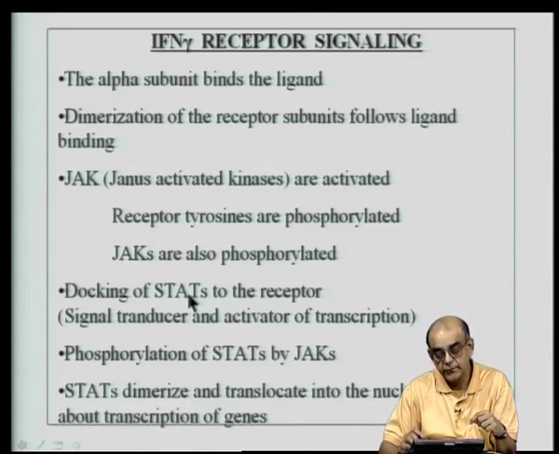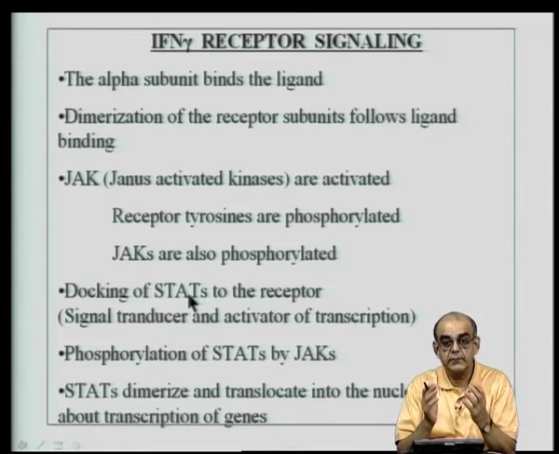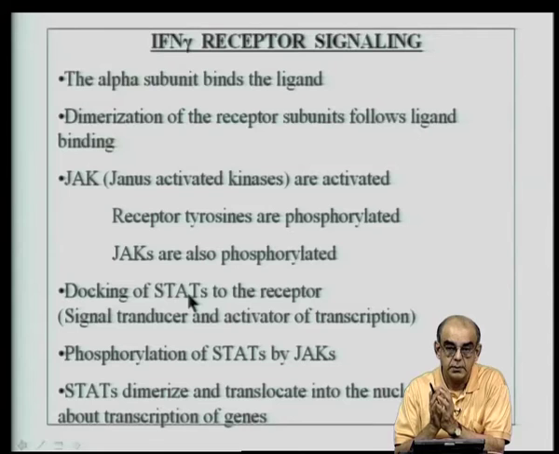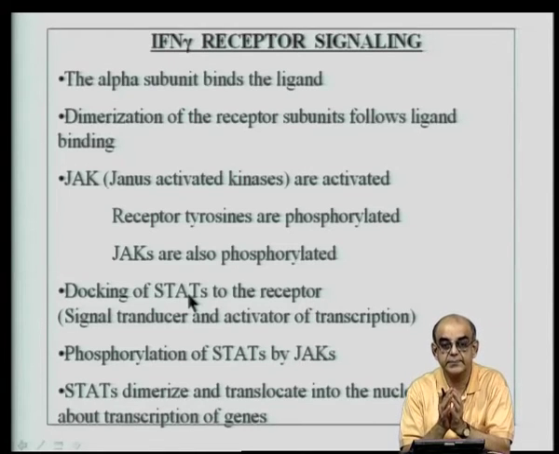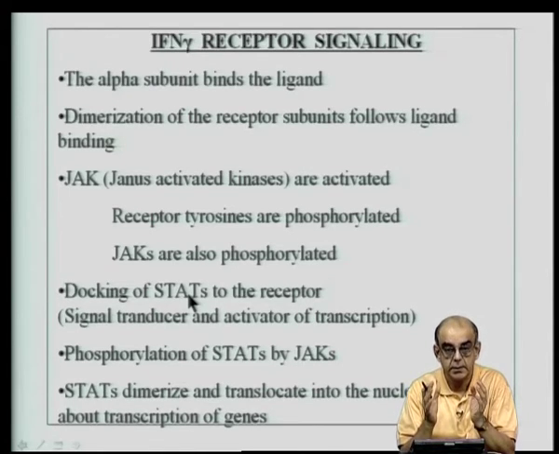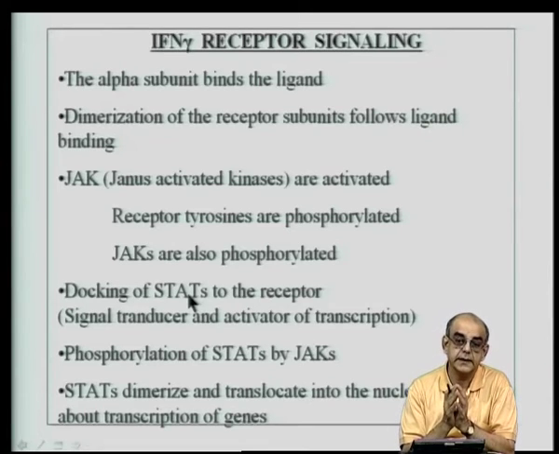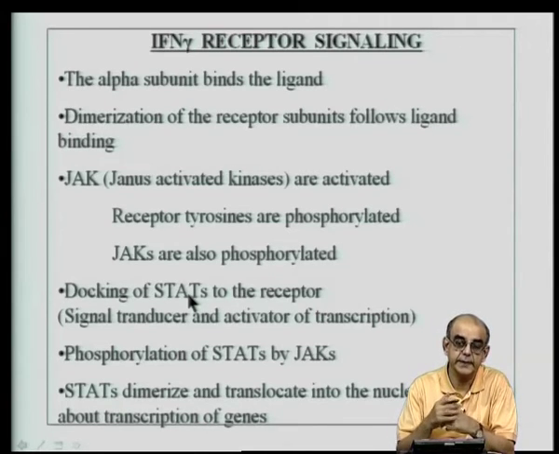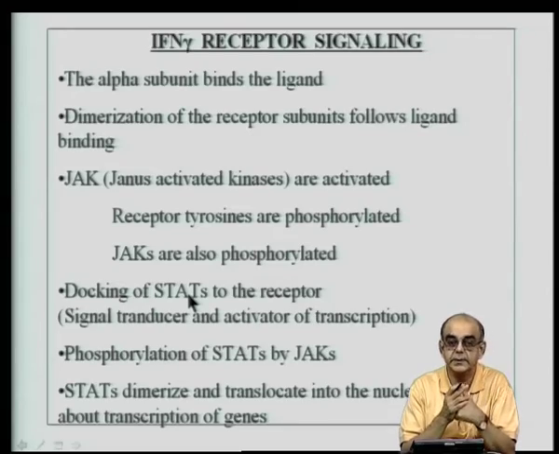Once the STATs are phosphorylated, they are now available to dissociate and bind to themselves, causing a dimerization of the STAT protein itself, STAT subunits. This dimerization then allows these dimers to translocate into the nucleus, and subsequently it binds to the promoter elements that are present upstream of various genes that are activated by these cytokines.